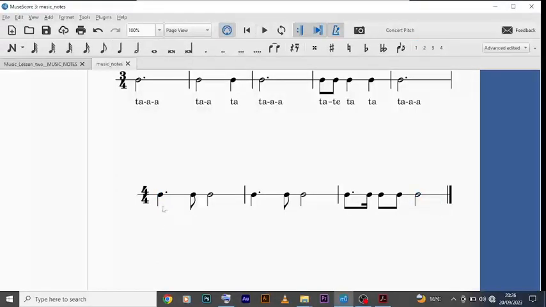You can see this is equivalent to 1.5 beats. When you say ta, ti, ta, you're not waiting for it to reach in the second beat. So this is 1.5 beats. This is completing it. Then you enter the third beat. The third beat.